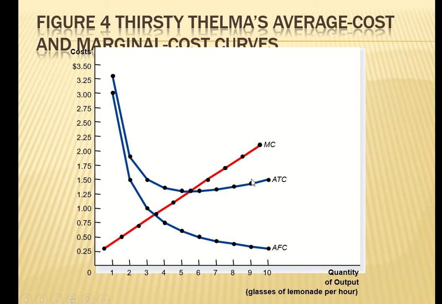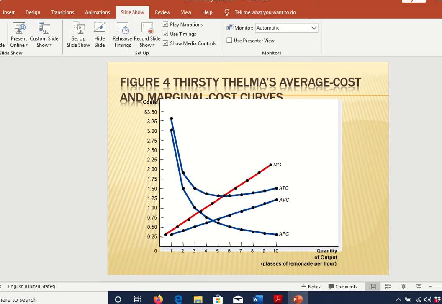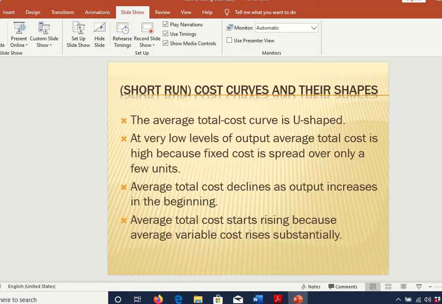What happens to your CGPA then? It pulls up, right? So that's how we get this increasing average total cost. That's the relationship between marginal cost and average total cost.